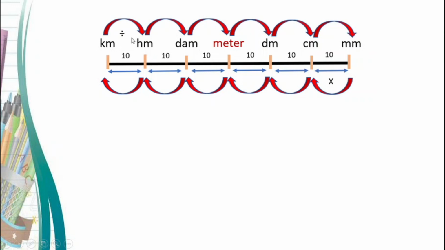So, by moving to the left or moving to the right, we're going to divide or multiply by the number of movements. For example, if we move 2 places to the right, we're going to divide by hundreds. If you move 3 places to the right, you divide by thousands.